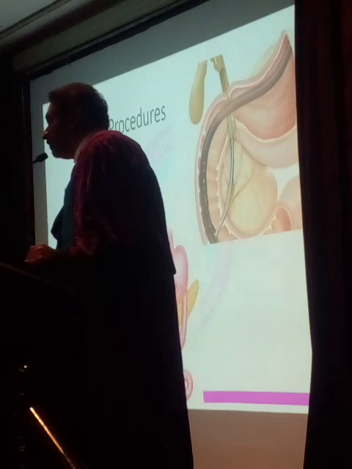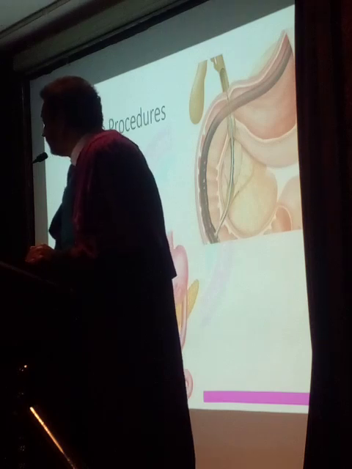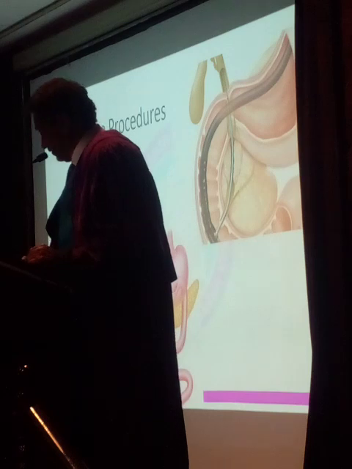So we have to make sure the stomach content will also go into the jejunum. So one loop of jejunum is there, the other loop you connect the bile duct to, and continue the flow of the gastrointestinal tract. Those are the palliative surgical procedures for advanced pancreatic cancers.